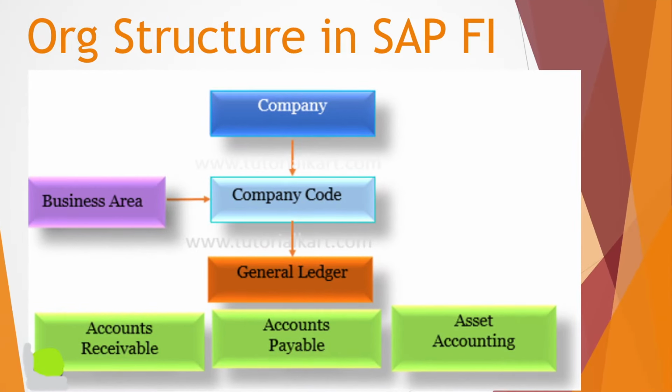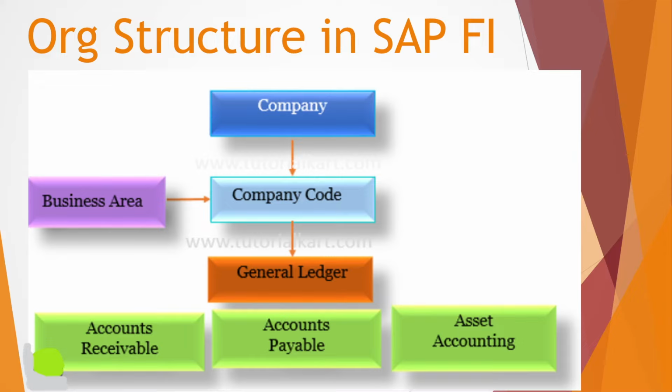Now we will talk about how the org structure in the SAP FI module looks. If you talk only from the FI perspective, the most important and critical component is called the company code.